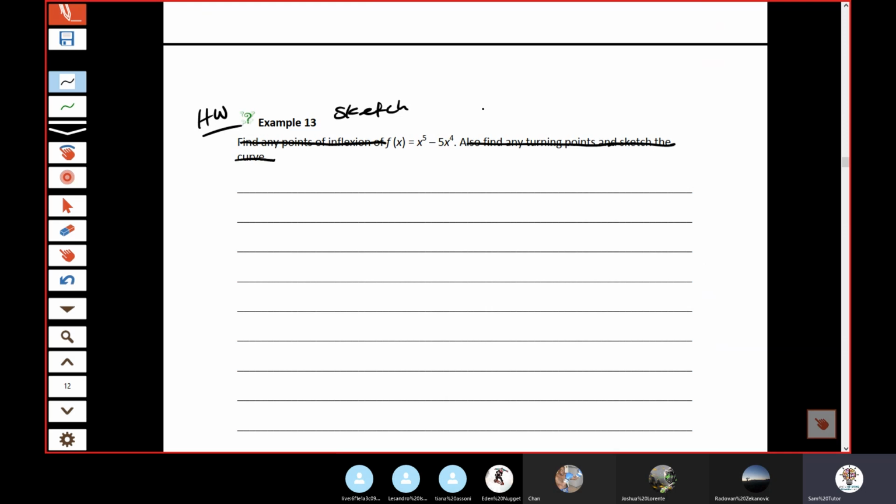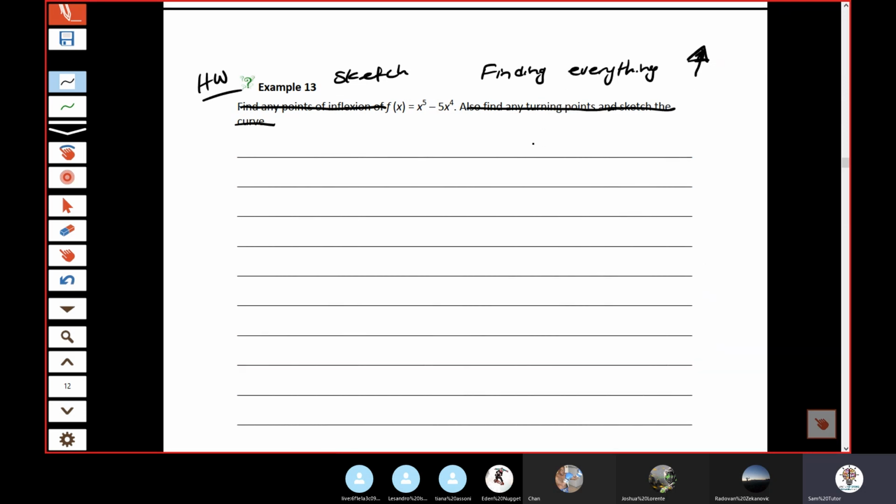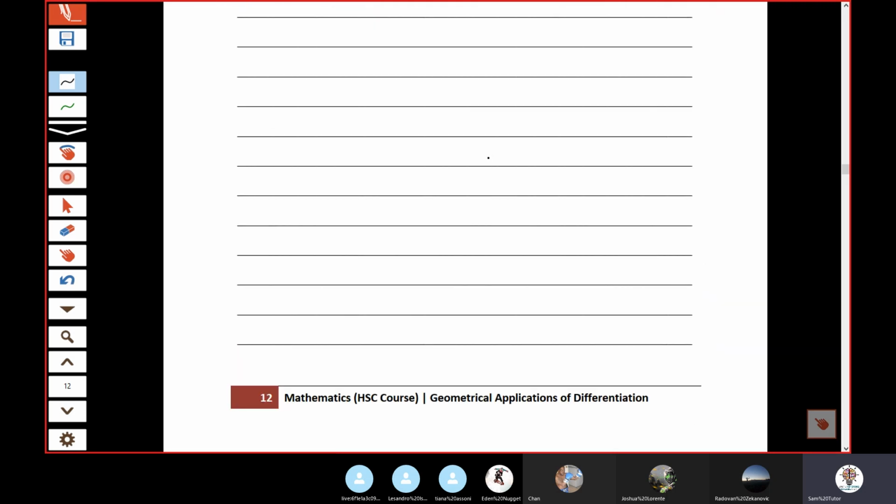So sketch this, finding everything. So literally what we just did above. He's got to sketch it now. Sketch that, finding everything. Intercepts, start points, if there are any. If there isn't, don't worry about it too much. But start points and then points of inflections. Okay.